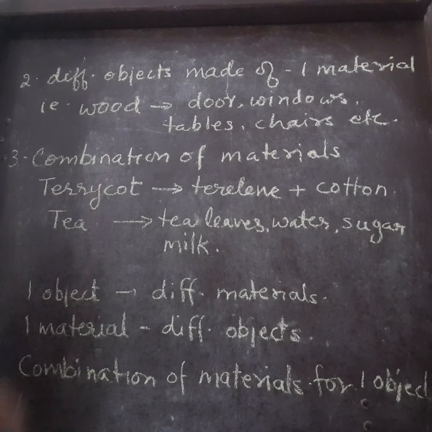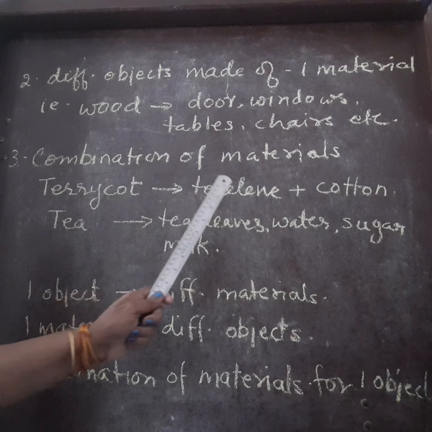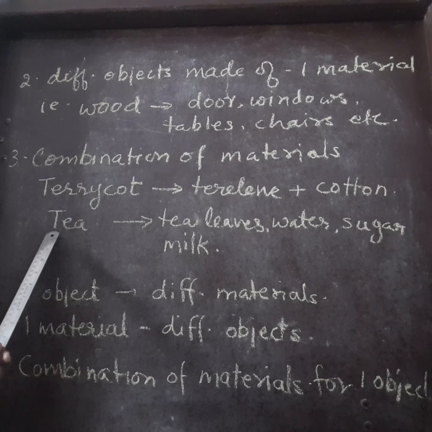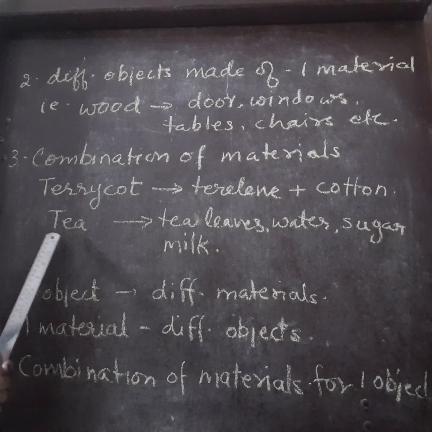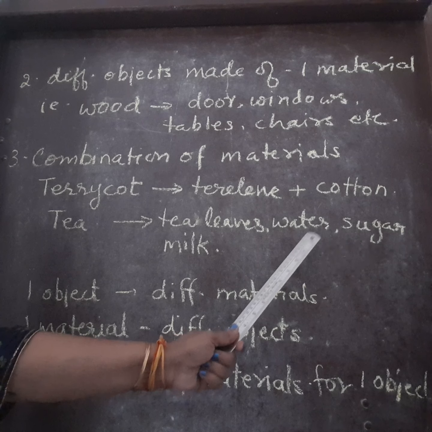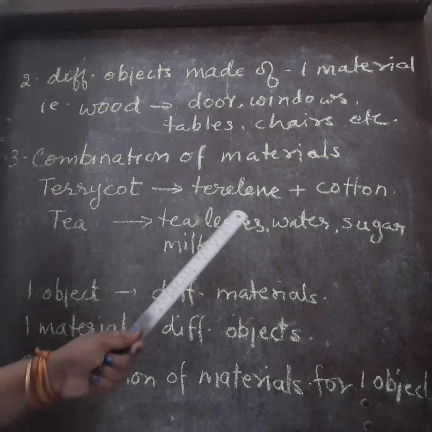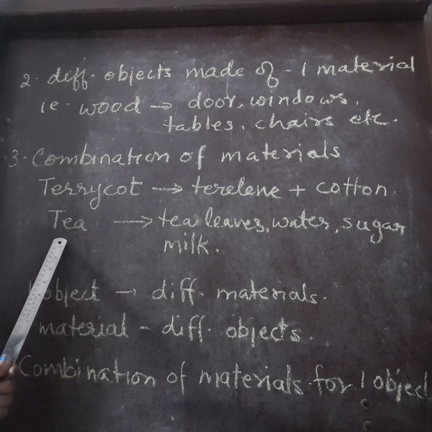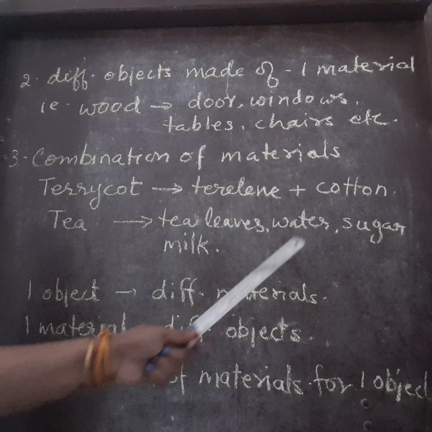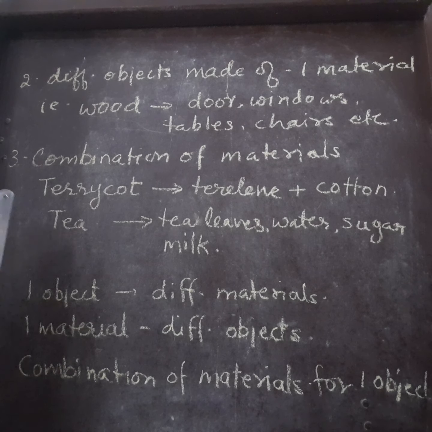So it is a combination of two materials. If we say tea, so tea is the combination of tea leaves, water, sugar and milk. These things are needed to prepare a cup of tea. So here also different materials are used to make one object, that is tea.